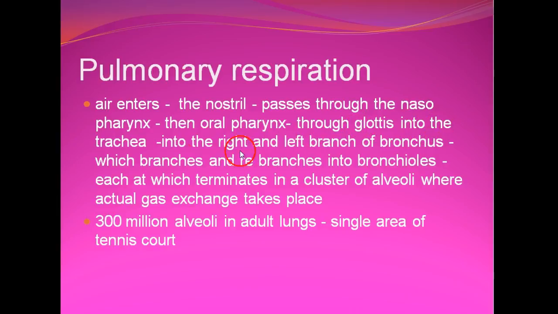Through the glottis, it passes into the trachea, then the right and left branches of the bronchus, which branch and rebranch into bronchioles, each of which terminates in a cluster of alveoli. The alveoli are the place where the actual gas exchange takes place. There are 300 million alveoli in adult lungs, and their area is the same as the area of a tennis court.